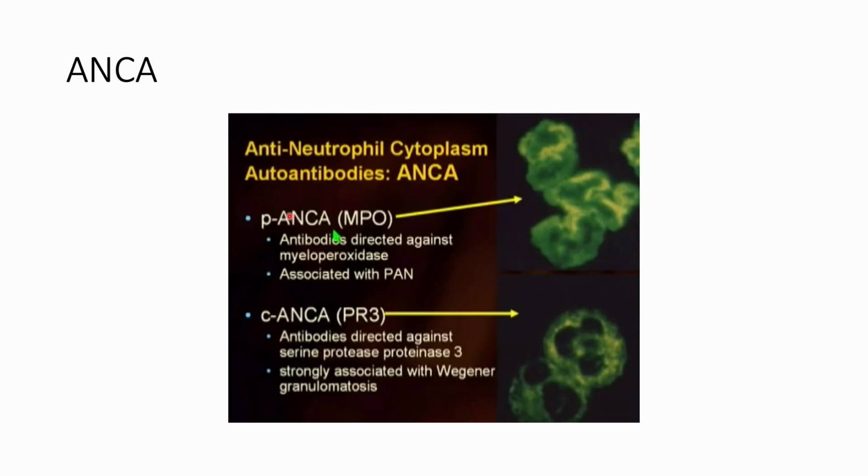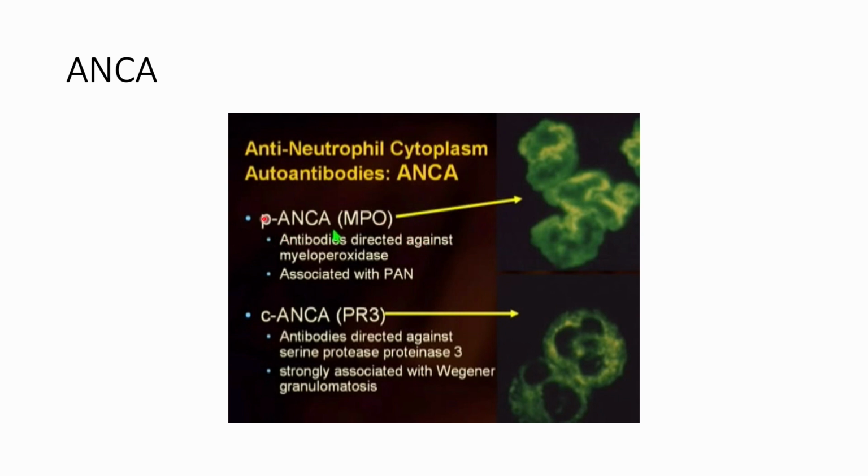Again, ANCA, you have p-ANCA or anti-myeloperoxidase. Actually, p-ANCA sometimes can be non-specific. You can see it with inflammatory bowel disease, but when it's anti-myeloperoxidase p-ANCA, then it is significant. And this you can see, like I said, in microscopic polyangiitis.